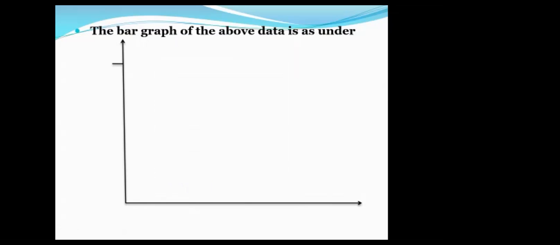Then we have to draw y-axis. Now here I have chosen the scale of 5. You can take a scale of 10 also, because I always keep on telling you, we have 10 thin lines between each box of the graph. So it will be convenient for all of you if you take a scale of 5 or 10.